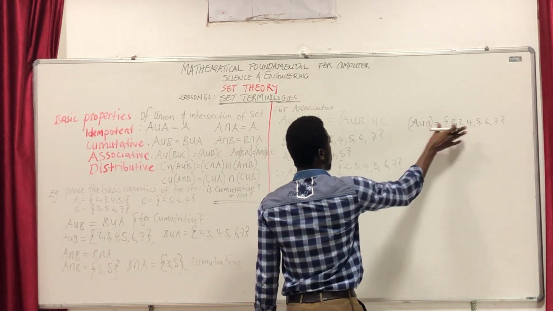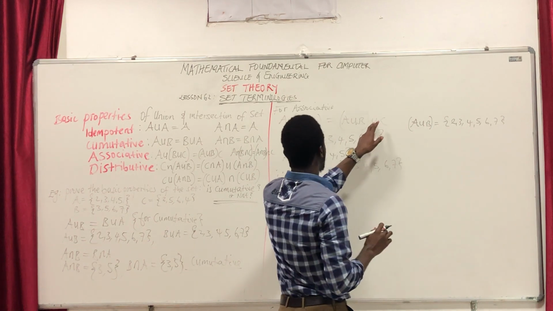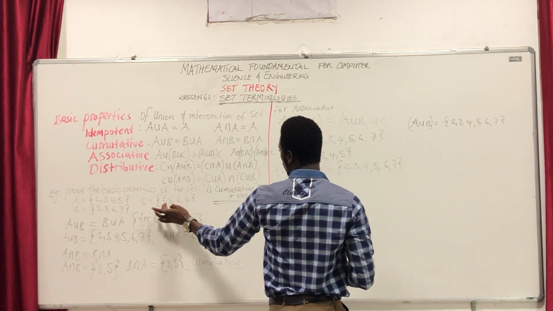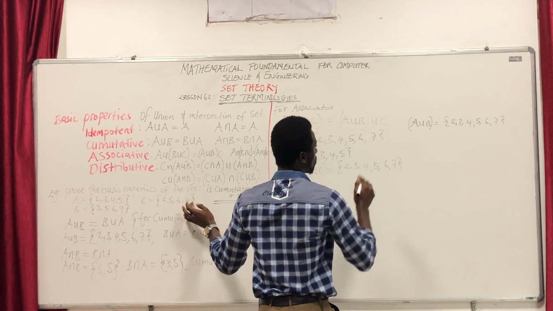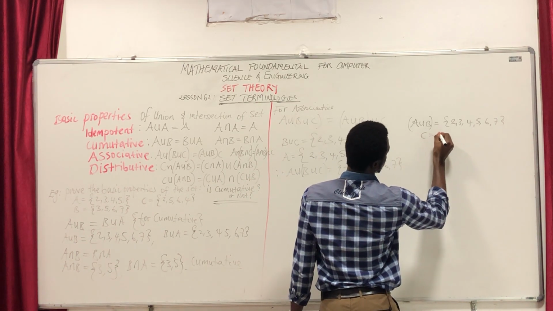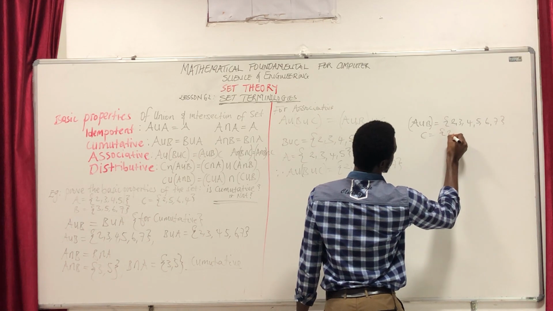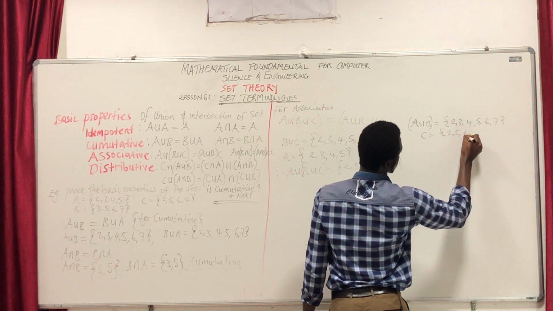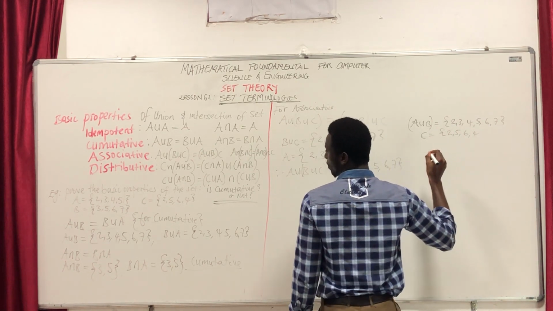So our A union B is this. And C, mind you, C is 2, 5, 6, 4.